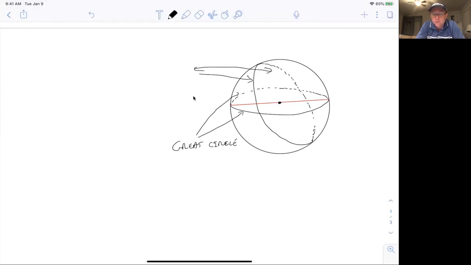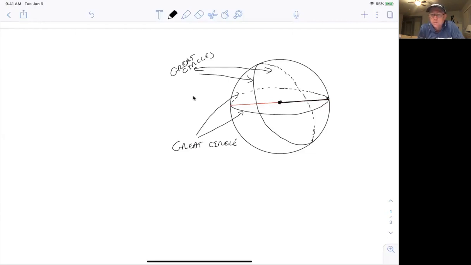So if there's a circle inside of a sphere that has the same center as the sphere itself, those are called great circles. I've drawn two great circles inside of this sphere, and I want you to notice the red line here. What do you notice about what this is of the great circle? That line right there, it's a radius of the great circle.